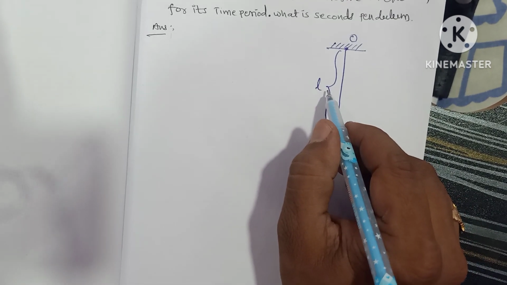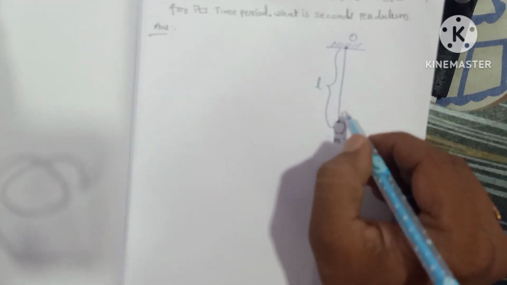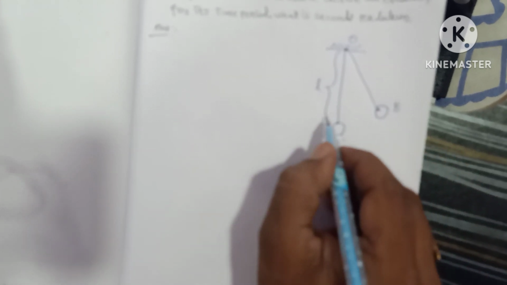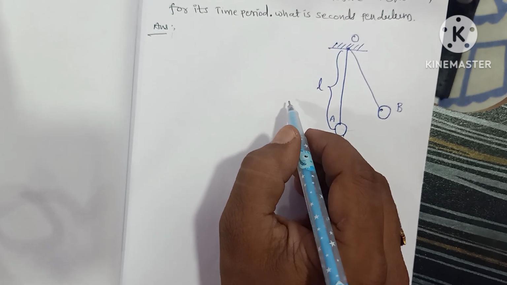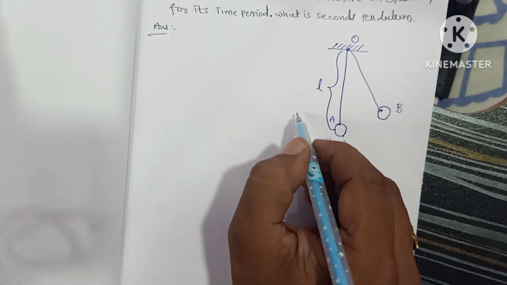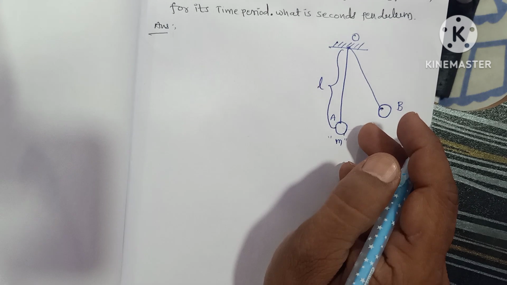and the length of the pendulum is L. Then when it is dragged to one side like this and left to itself, it will make oscillations from point B towards A and goes towards the other side. So it is the to and fro motion of the metal bob which makes oscillations.